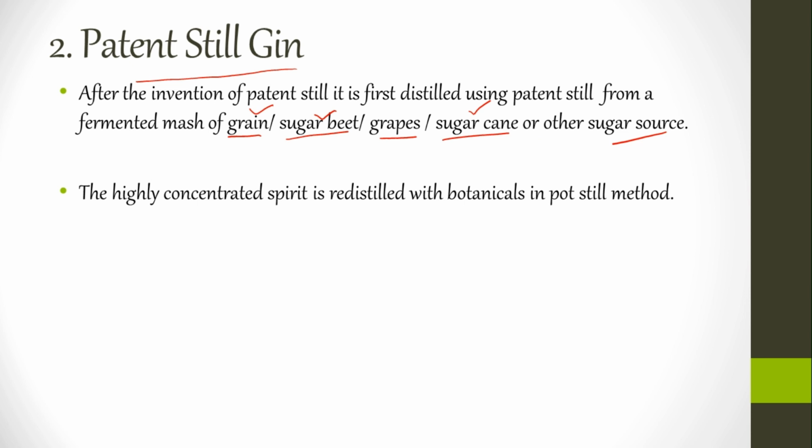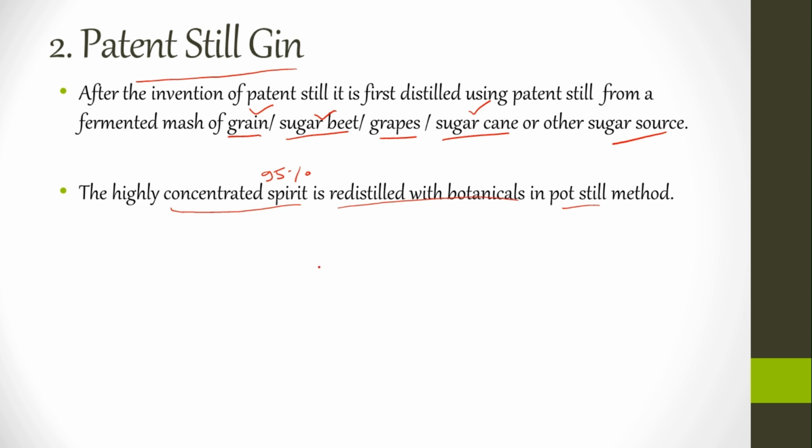Next, the highly concentrated spirit is redistilled with botanicals in the pot still method. Highly concentrated means it has a higher proof, higher alcohol. The spirit made by patent still will be higher proof, about 95 to 96% alcohol, then it will be reduced by adding distilled water, and redistilled with botanicals. So again they will use the pot.